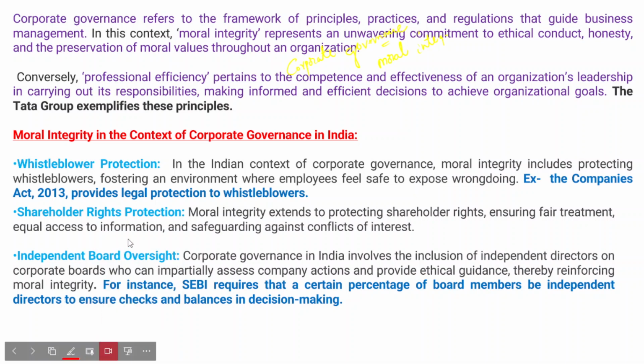This is how you give a brief introduction of all these areas. It will help you make a smooth transition into the body part of the answer.